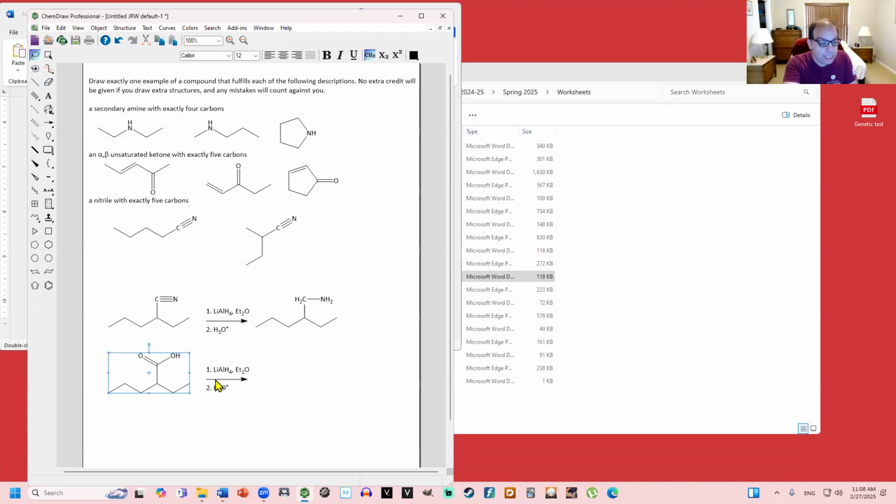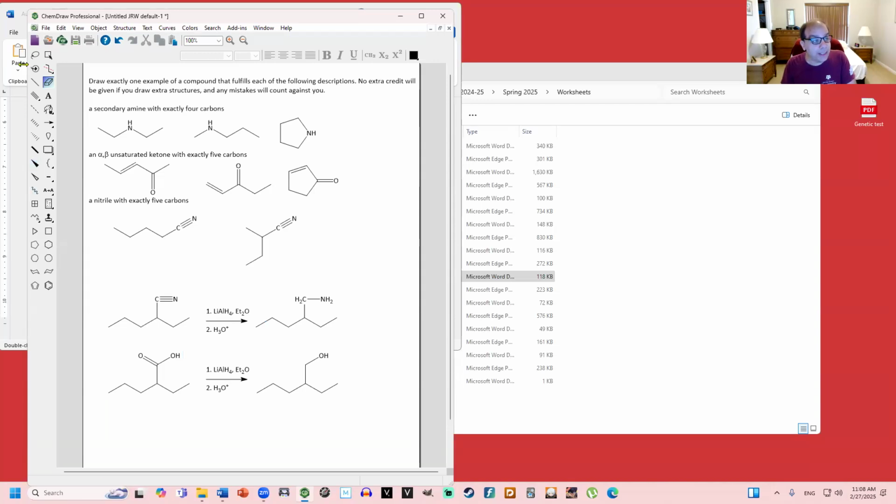And the next question has, again, an LAH reduction of a carboxylic acid, and you need to know that carboxylic acids get reduced by LAH to form the corresponding primary alcohol. LAH is not the only reagent you'll need to know about from chapter 20, but these are some characteristic types of questions.